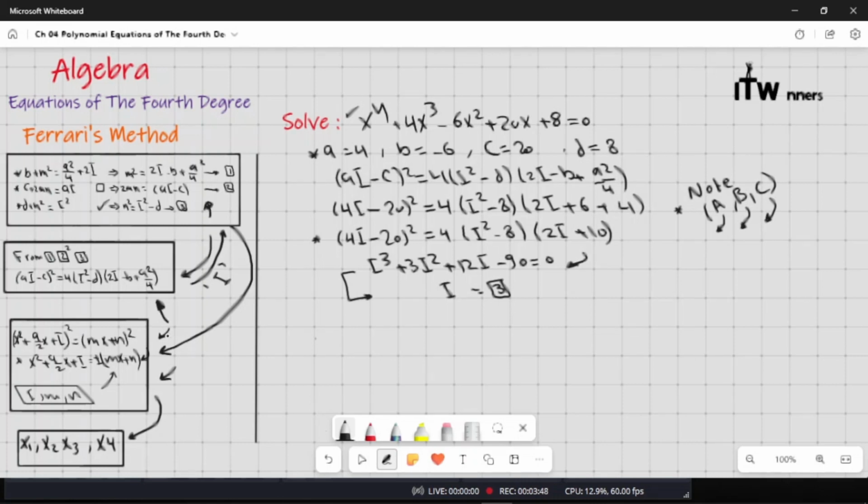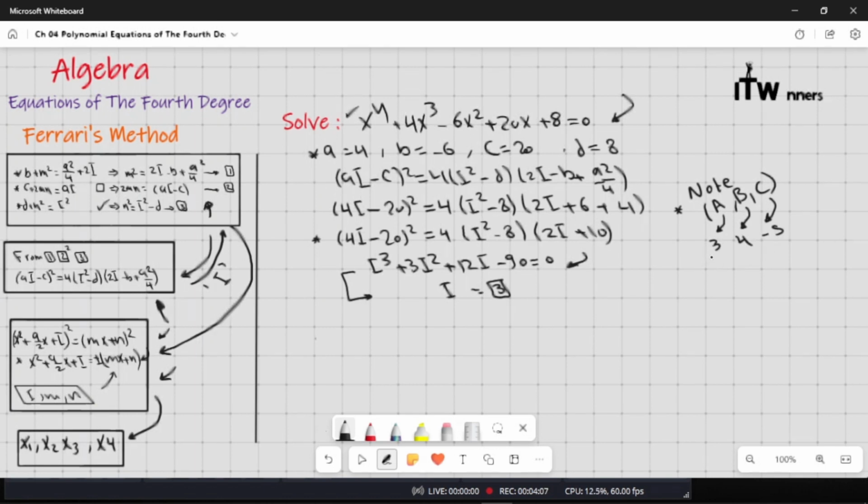and by substituting with i, m, and n in this equation and obtaining our roots, we must make sure that these roots are the roots of this equation. Okay, so if we have here 3, 4, and negative 5.